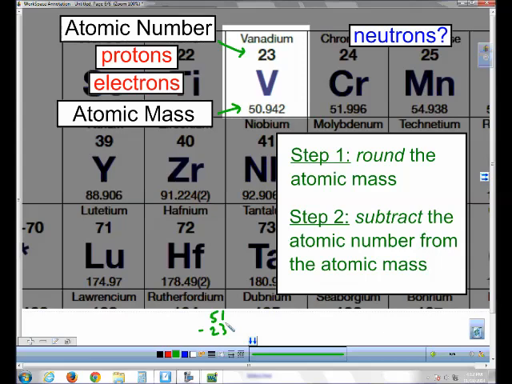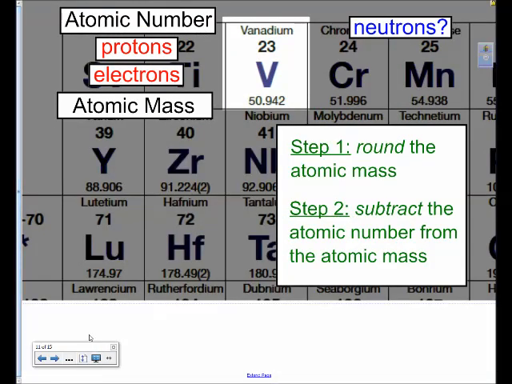So 51 minus 23 is 28. That means that vanadium has 28 neutrons. So you round off the atomic mass, then you subtract the atomic number, and that tells you how many neutrons.